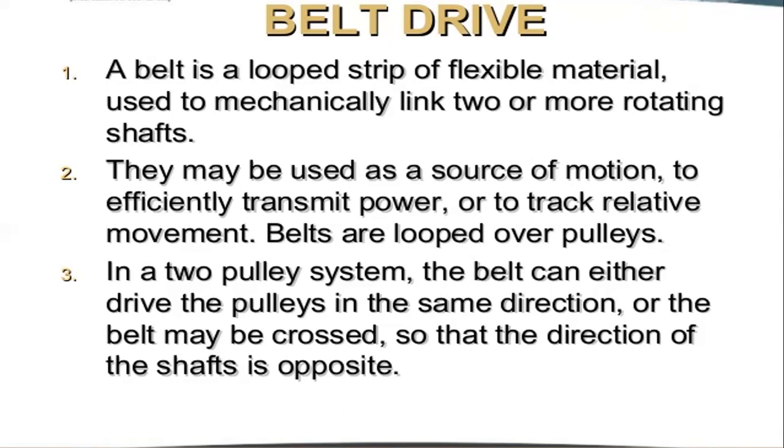In a two-pulley system, the belt can either drive the pulleys in the same direction, or the belt may be crossed so that the direction of the shafts is opposite.